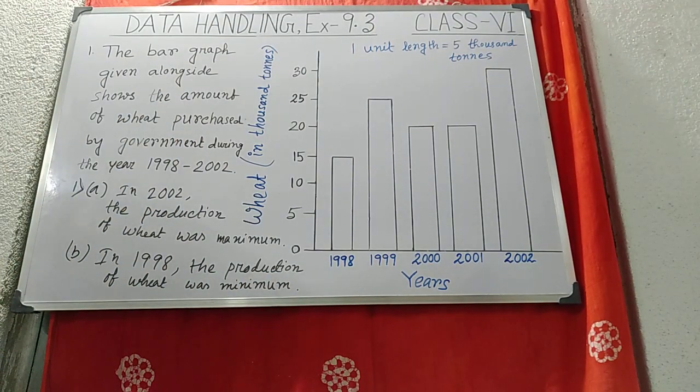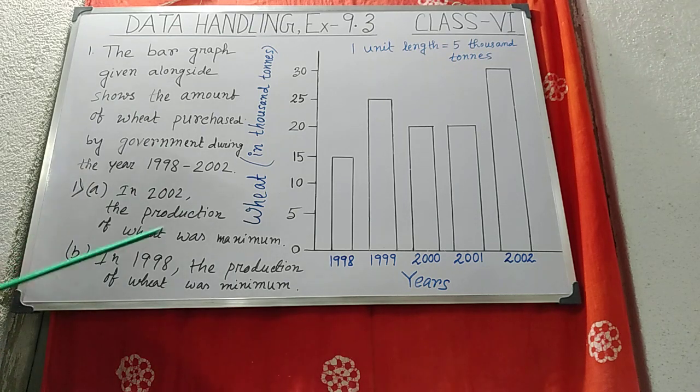Now I am giving one extra question for you which is not included in your book. In which years were the production of wheat equal?